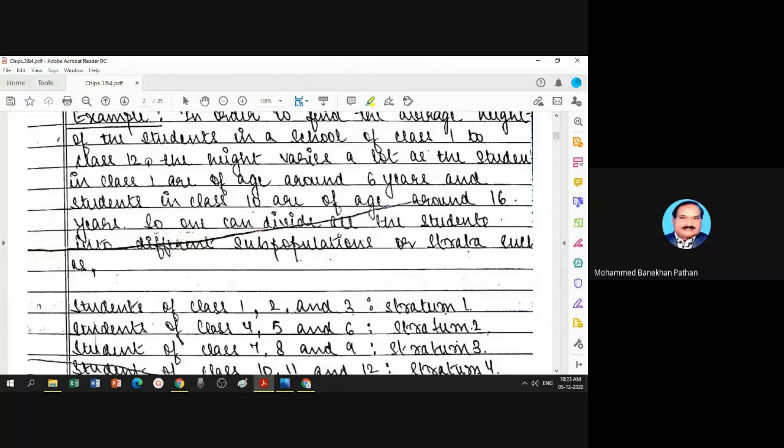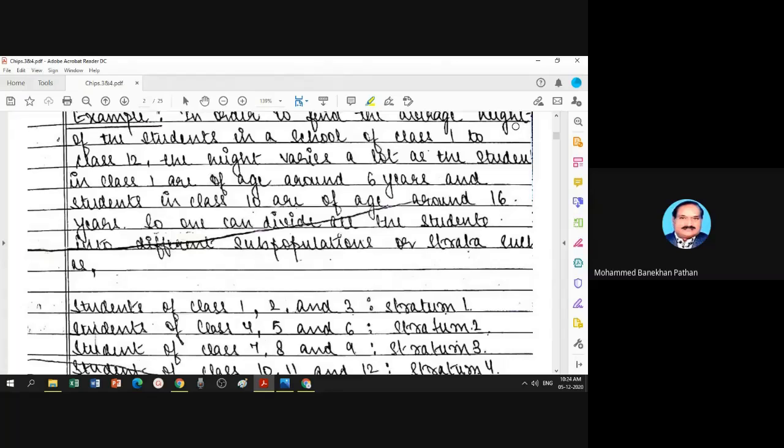And then with the help of that sample, we try to estimate height of the student. Quite natural. If you take a student from first standard to 12, the variation in the height as a characteristic under study is very large.